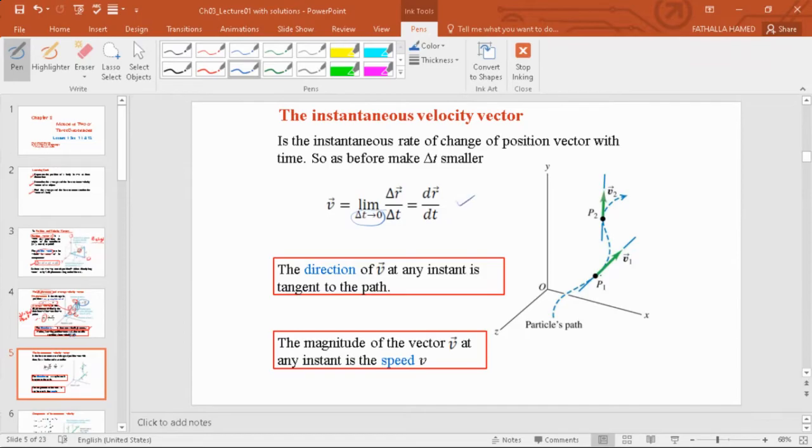Meaning that I will take v1 as tangent to the path at P1, and that will be my instantaneous velocity vector there. And at P2, I will take the slope of this line, which is tangent to my path, and that's v2. That's instantaneous.